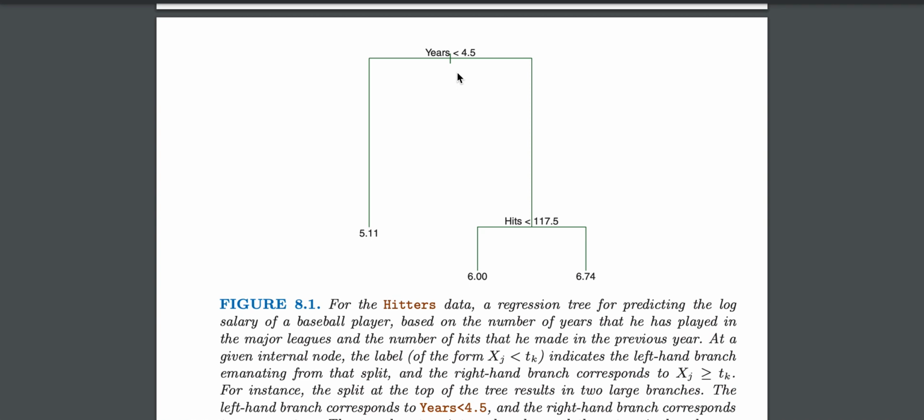And this decision tree essentially is saying that if the player has been in the major league for less than 4.5 years, then the predicted log salary is 5.11. Otherwise, it will depend on the number of hits that he made in the previous year. And if it's less than 117.5, then the log salary is 6. And if it's greater than it, then the log salary is 6.74. And this is the mean response, okay?